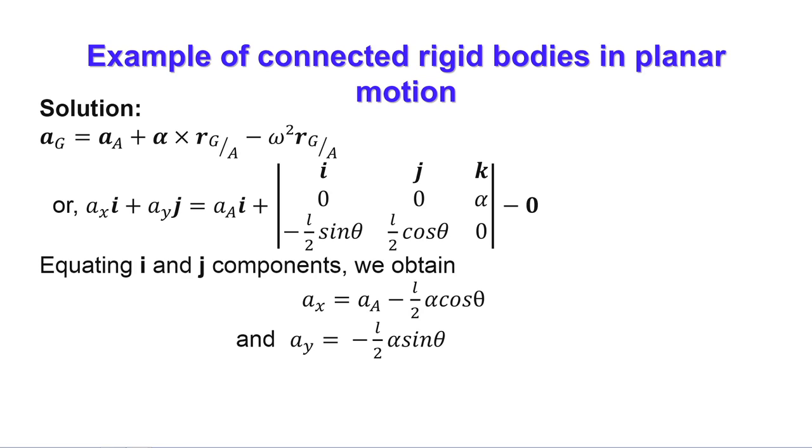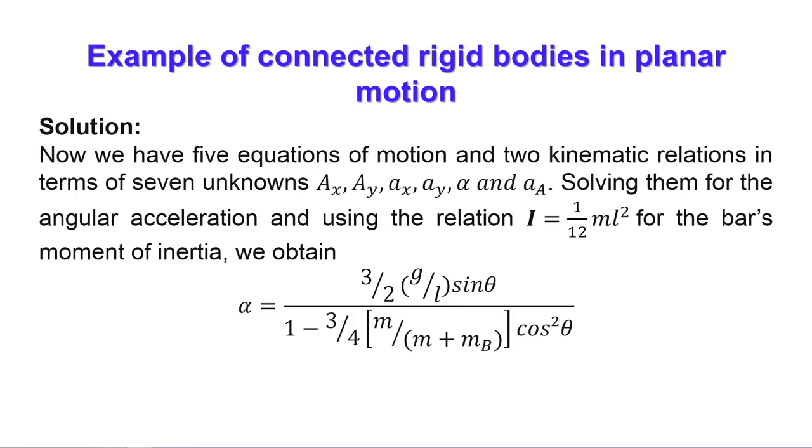These two components are added, then we get those equations. If we equate this and simplify, comparing both sides of i and j, a x equals a minus half alpha cos theta and a y equals minus half alpha sin theta. By this we can find alpha equals this relation.